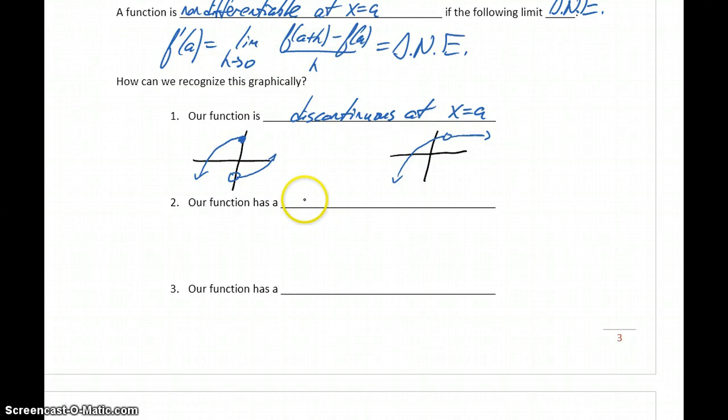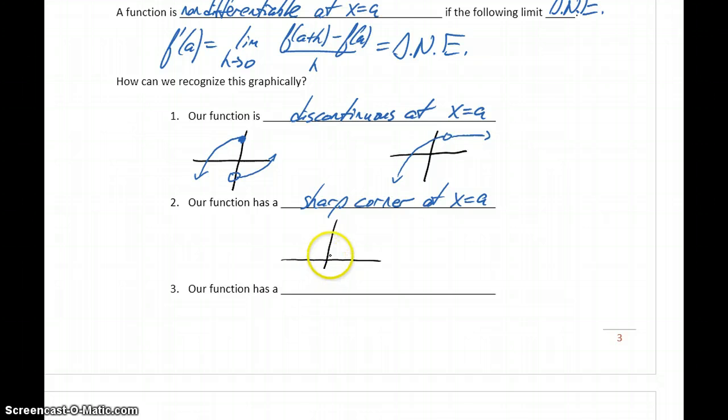We can also have a case where our function is not differentiable if we have a sharp corner at x equals a. One example of this happening is with the graph of the absolute value of x. The graph of the absolute value of x is going to have a sharp corner at 0.